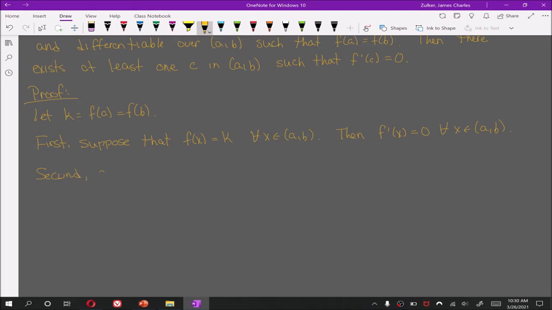Second case. Suppose that there exists an x in the open interval a to b such that f of x is greater than k.